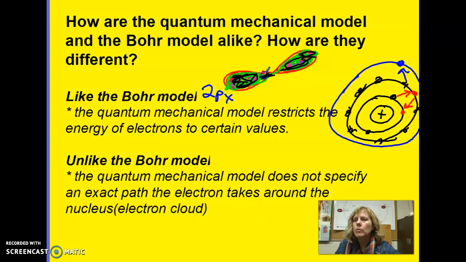So I will find electrons anywhere in here or anywhere in here, the 2 electrons that occupy this 2px orbital. I'm more likely to find them in the areas of the cloud that are larger, and less likely to find them in the little areas that are smaller. So that's how it's unlike the Bohr model. We think of it as more of an electron cloud, if you will.